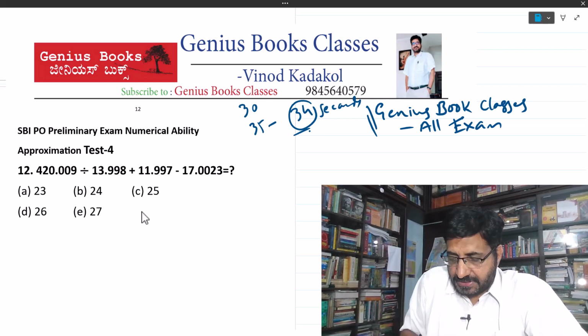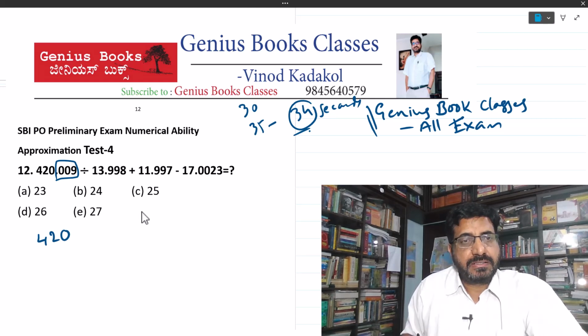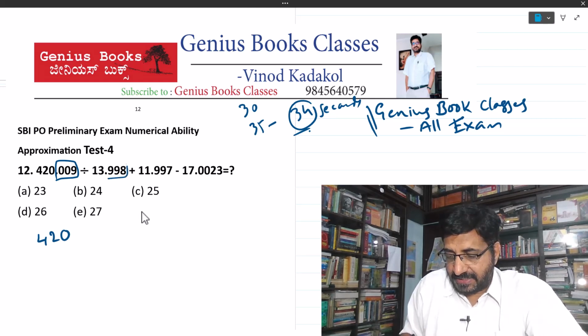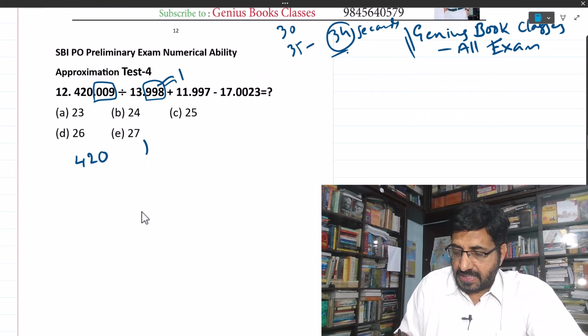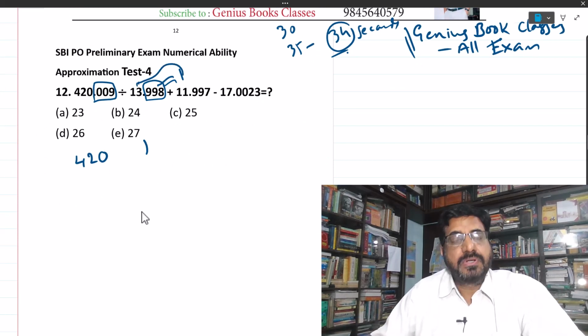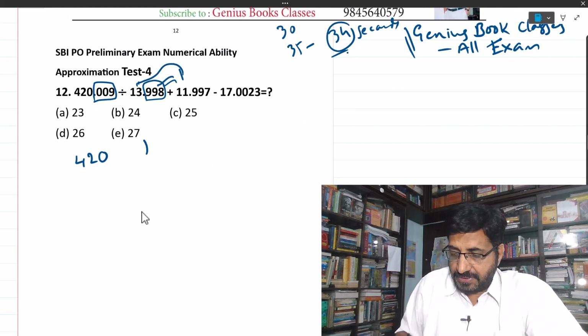Okay, approximation. You can neglect this 0.009, so you retain this 420 divided by 0.998. You cannot neglect this because it is equal to 1, so add this one to 13. It will become 14.